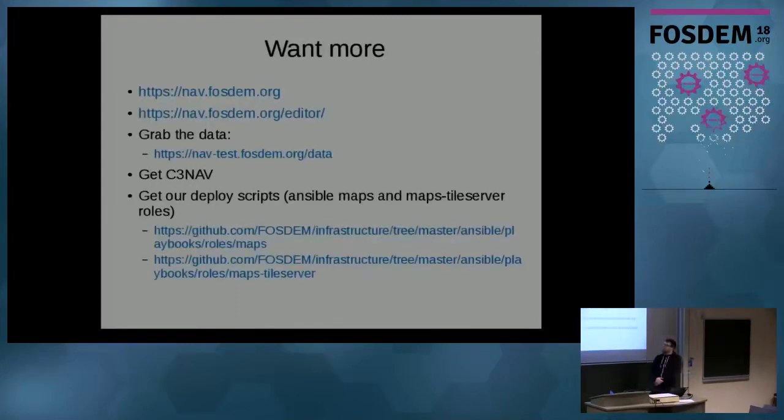So if you want more, these are actually the URLs. On top, the application, then the editor. Grab the data. I just made a dump of the data. It's in GeoJSON format, so you can actually play with it a lot. And it's a Django dump as well, so if you take the source code, you can import it if you want it yourself.